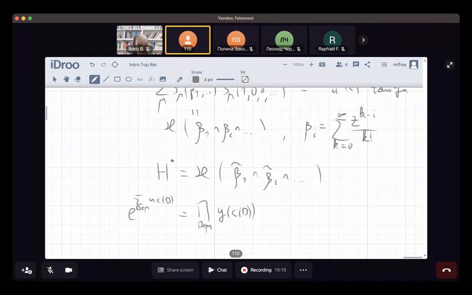Here y of k is defined as x of u k, where c of box is an integer. Is it correct? If I define y of k as x of u k, then this holds, right? So y is some function defined on integers in this precise way.